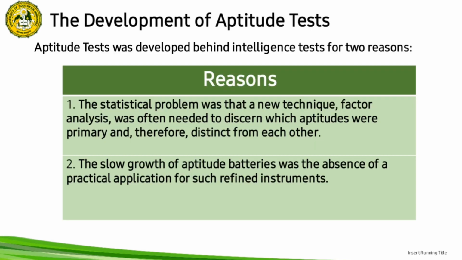Okay. For our next slide, the development of aptitude tests. The aptitude test was developed behind the intelligence test for two reasons. First is the statistical problem: a new technique, factor analysis, was often needed to discern which aptitudes were primary and therefore distinct from each other.